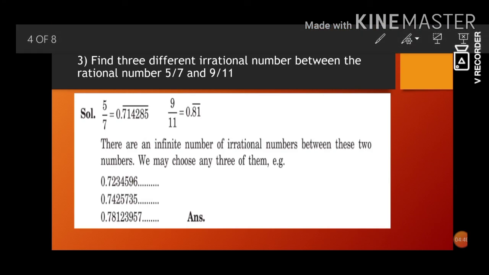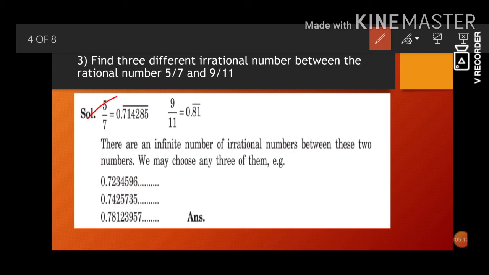Now our third question. Find 3 different irrational numbers between the rational numbers 5 by 7 and 9 by 11. So when we have to find 3 irrational numbers between rational numbers, first we will find the decimal form of the rational numbers given. 5 by 7 can be written as 0.1744285. Again it will repeat itself, so it is given a bar.